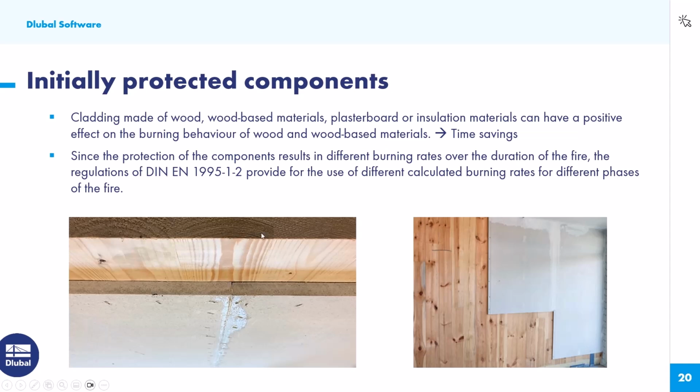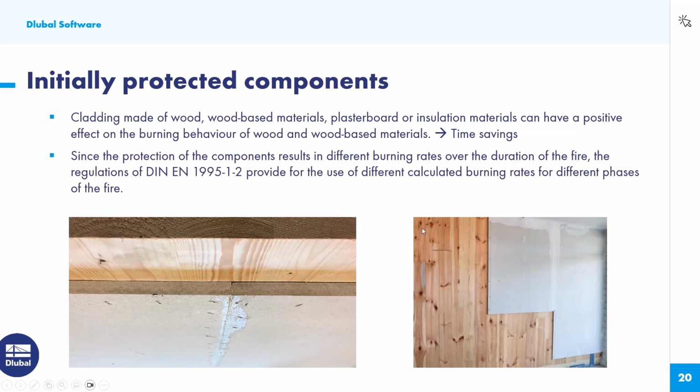So the timber will start to burn much later than without this cladding. Of course, it always depends on whether the quality of the timber should be visible or not. That's clear, but in case it's not visible, then we can apply such claddings.